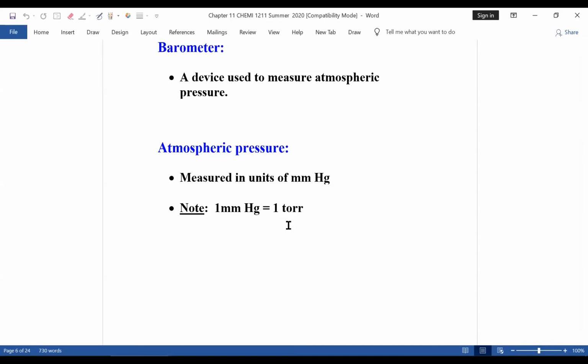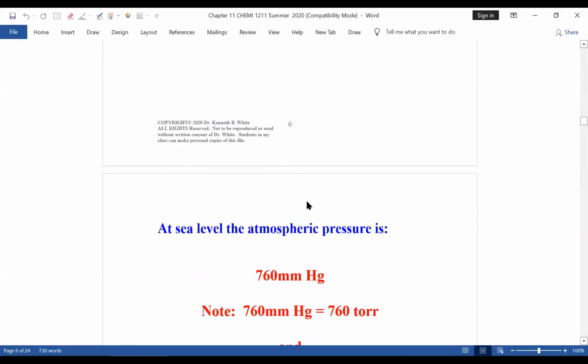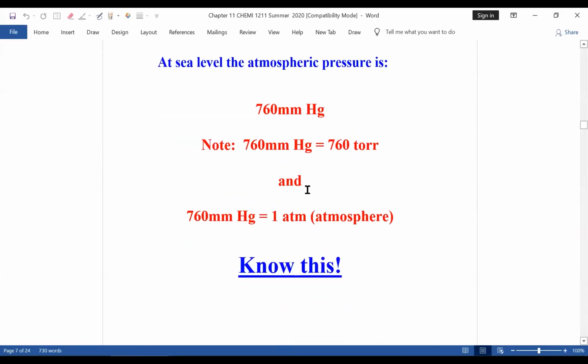Now, there are other ways of measuring. Oh, first of all, another important measurement at sea level. Chicagoland is at sea level. The atmospheric pressure, assuming there's no storms going through, is 760 millimeters of mercury.